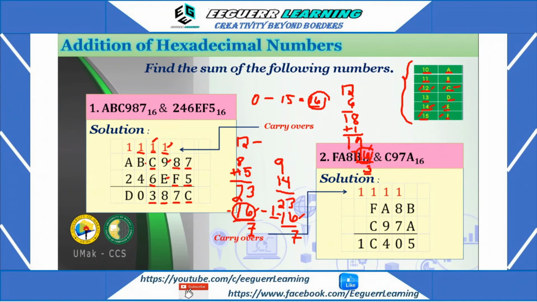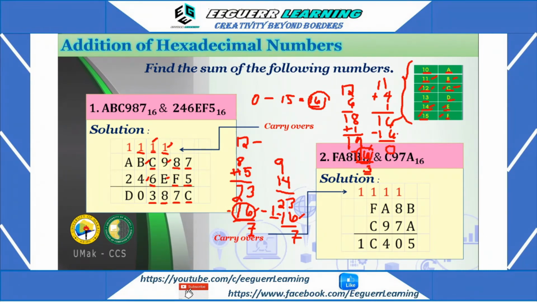So we proceed with B plus 4, and we later add that 1. B in our table is 11. So 11 plus 4 plus 1 is now 16. So 16 minus 16 is 0.